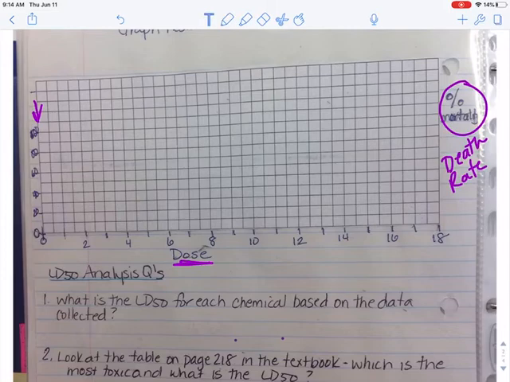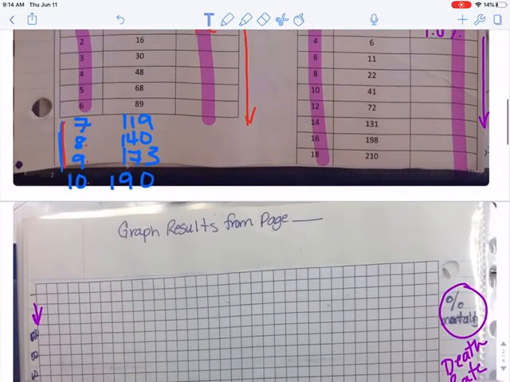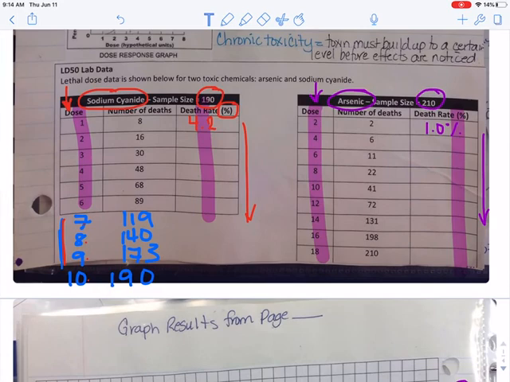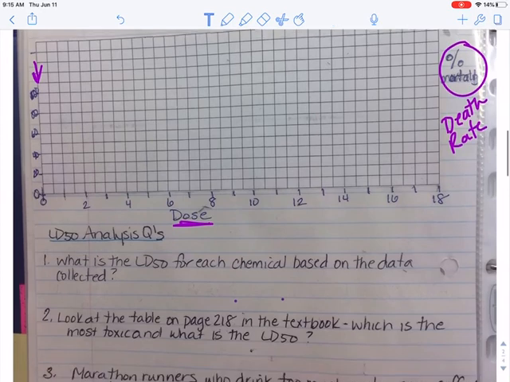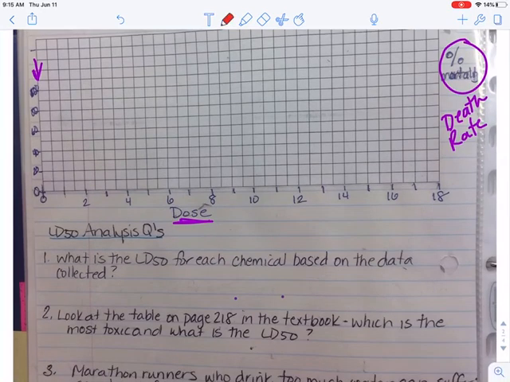So I'm going to start by plotting my first point over here for sodium cyanide. And if you'll remember, we had 4.2% death after 1 dose. So 1 dose is down here. And we had 4.2%, which is going to be sort of there. It's hard for me to do this with a stylus, but it should be just under the halfway point to the 10.